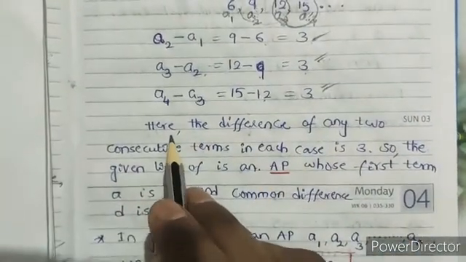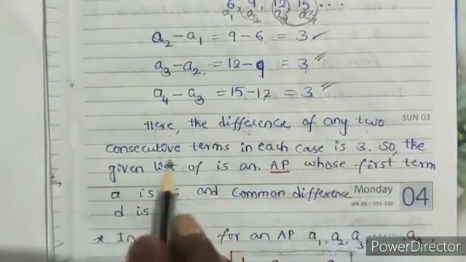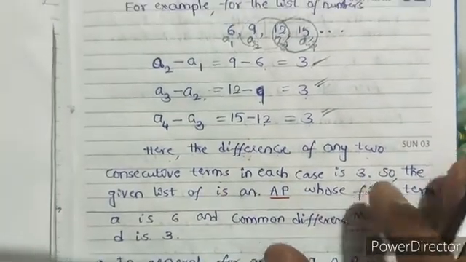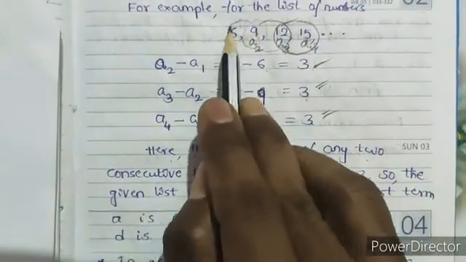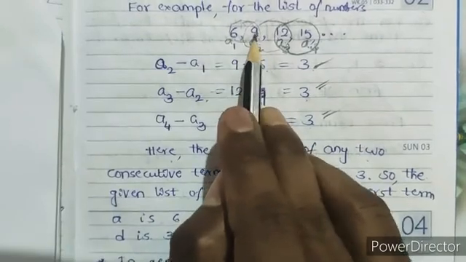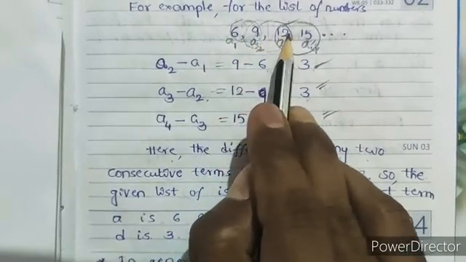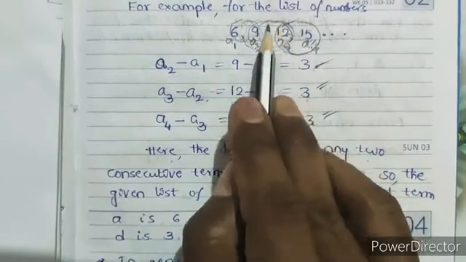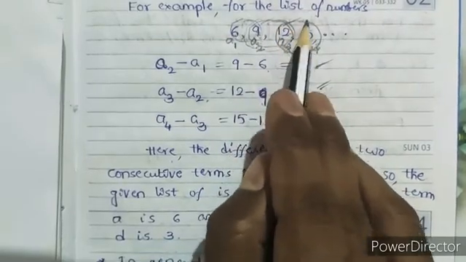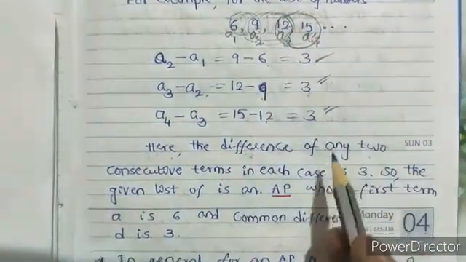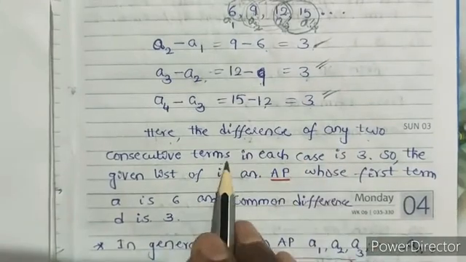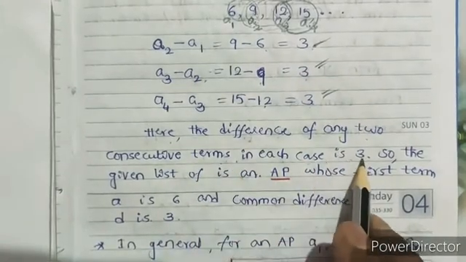So we can tell that the difference of any two consecutive terms, meaning side by side, 6 after 9, these two are consecutive. Now here 9 and 12, 12 comes after 9 in this list of numbers, so these two are consecutive. Now 15 comes after 12, so these two are consecutive numbers. So the difference of any two consecutive terms in each case is 3.